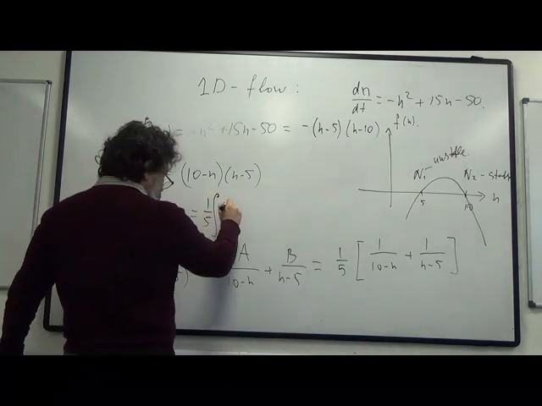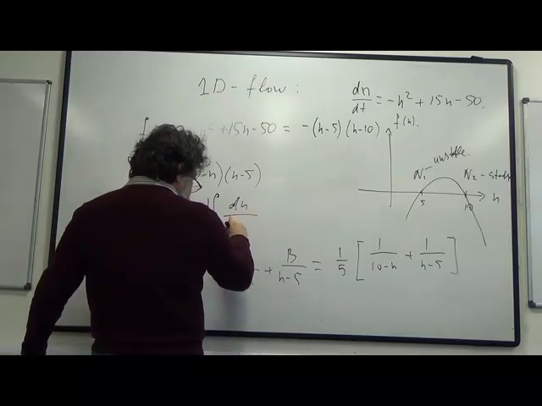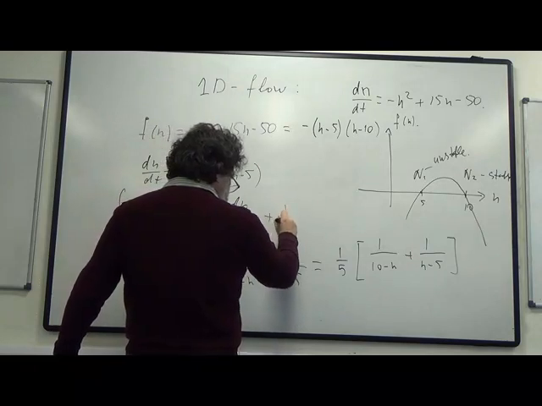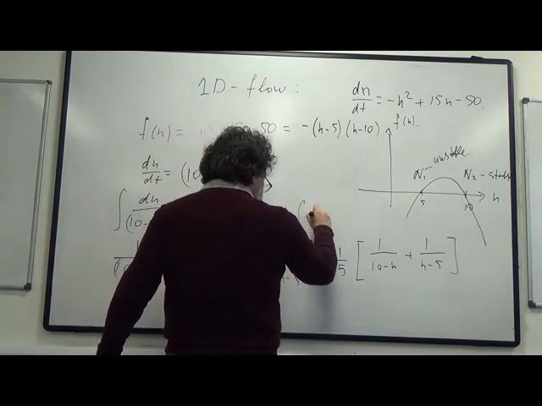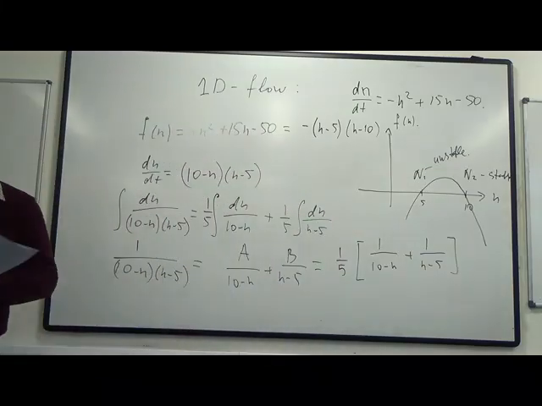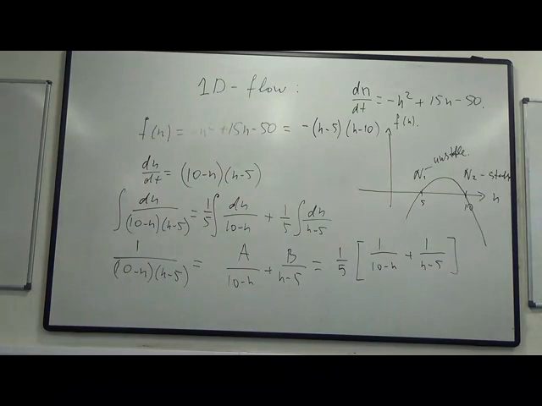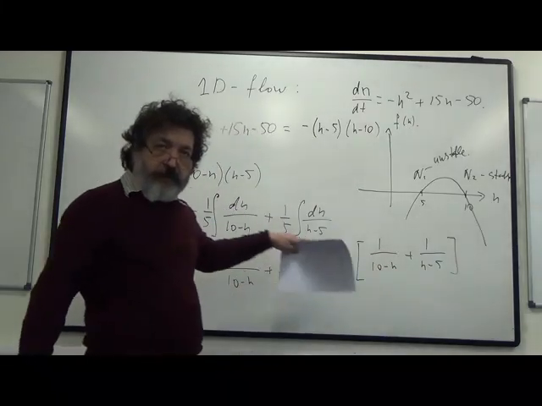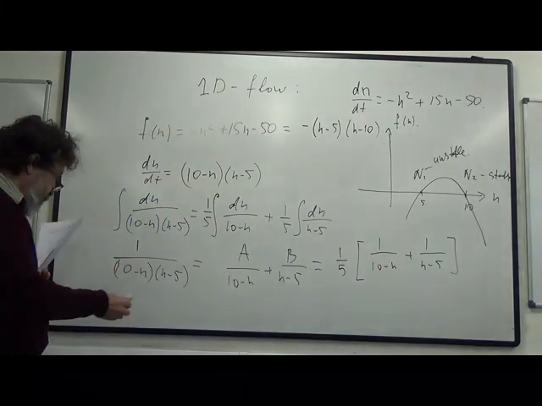It will be dn over 10 minus n plus 1 over 5 integral of dn over n minus 5. Yeah? What I say, integral of this equals to integral of this. It is what exactly written here.